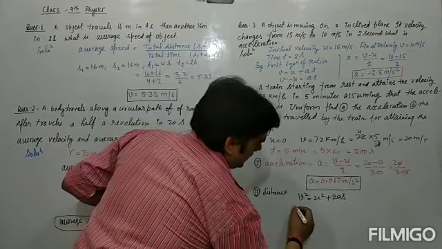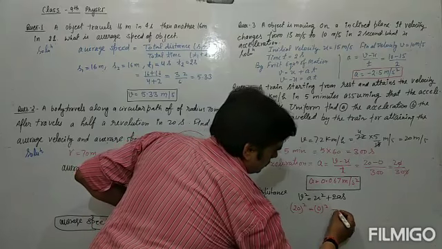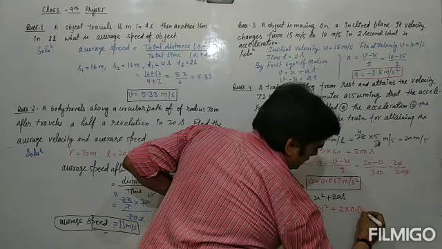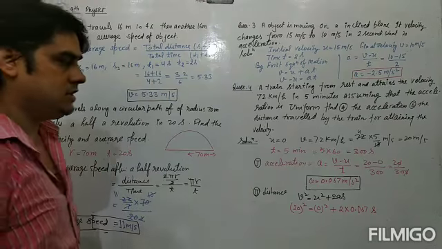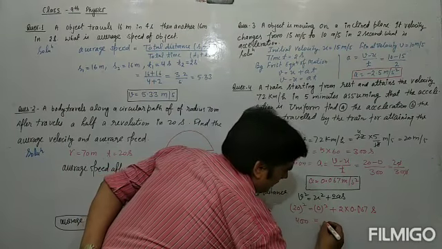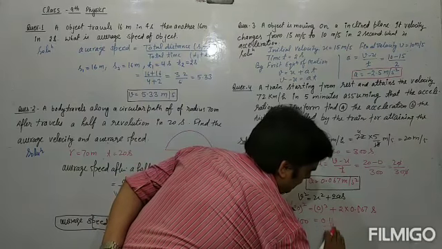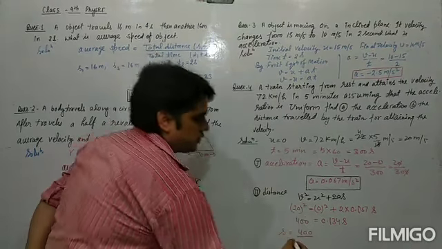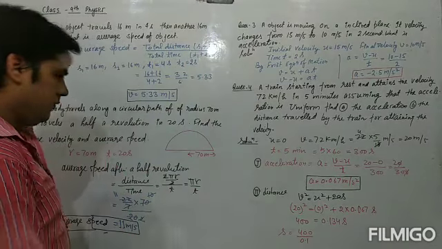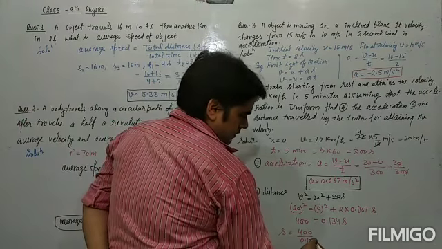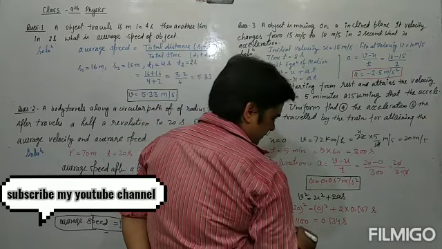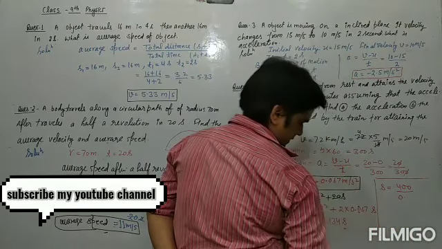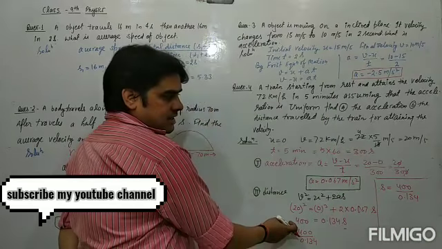When you put the value, v is 20 whole square, this is 0 whole square, 2, a is 0.067, s is distance. This is 400, equals 0.134 s. S is equal to 400 upon 0.134. We are writing this step here. S is equal to 400 upon 0.134, transposed, it comes below.